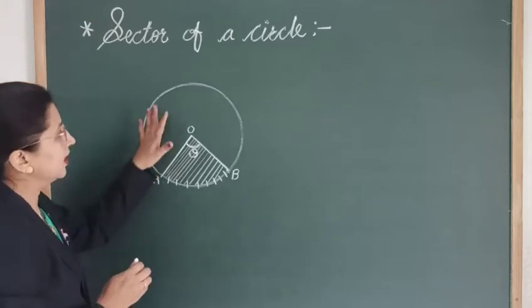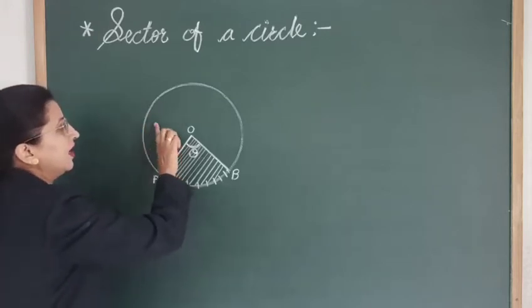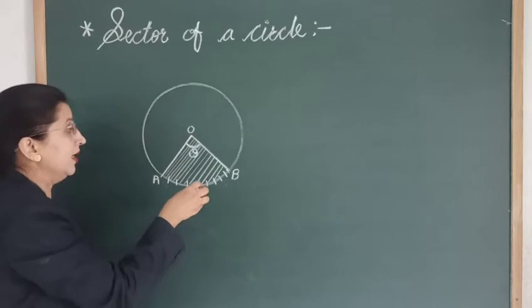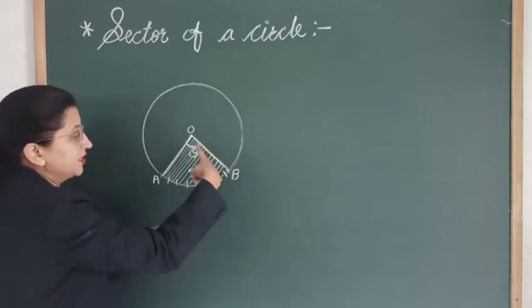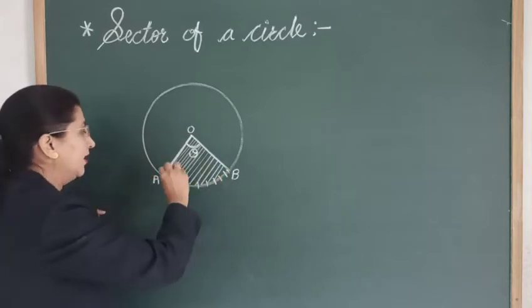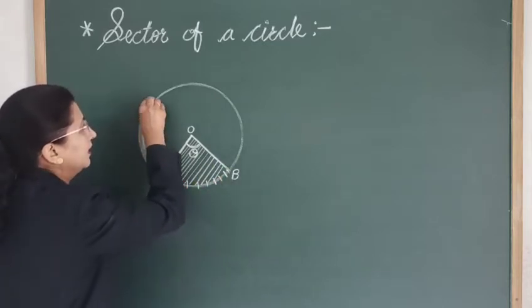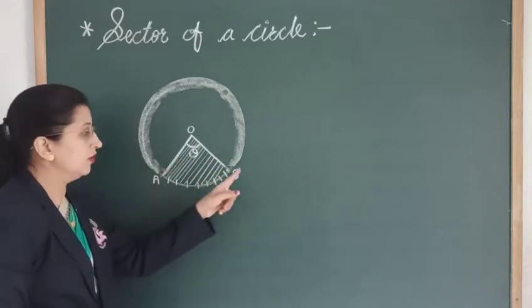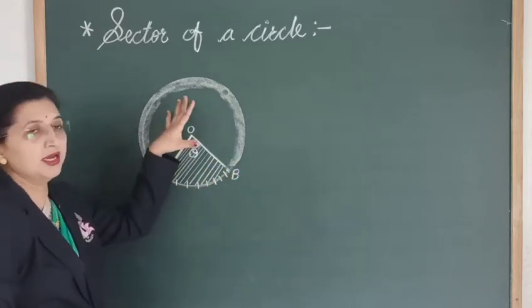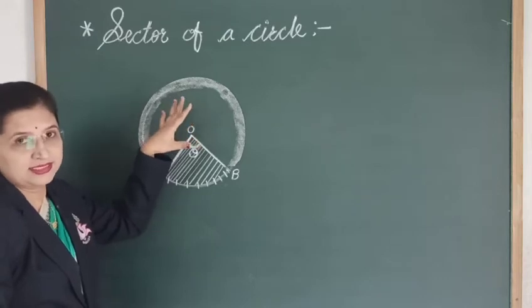Here the remaining unshaded part is also enclosed by these two radii and the arc intercepted by these two radii. So this is also a sector of a circle.